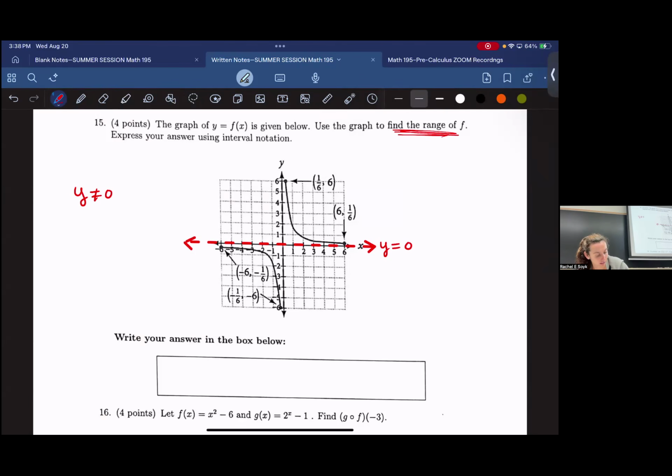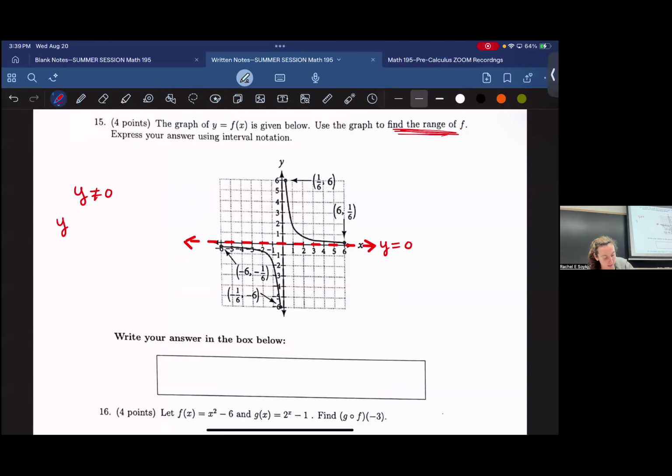Well, there's no arrows on the graph. Oh, clever. Yeah, there are no arrows. So, because there are no arrows, we have more restrictions, right? Y can't be less than -6, and then y can't be greater than +6.